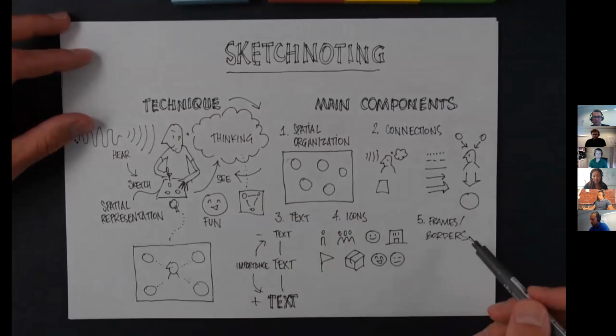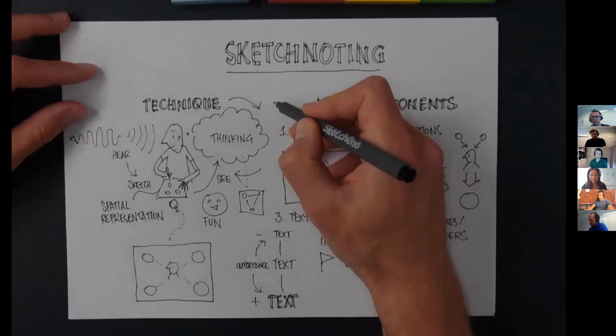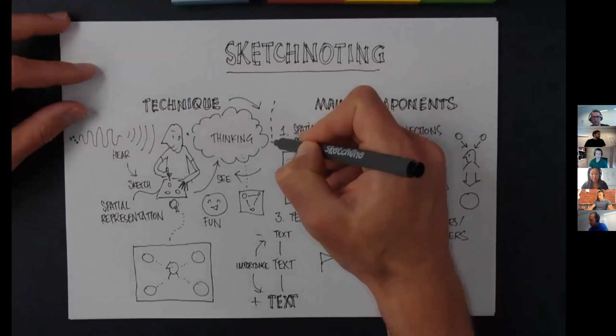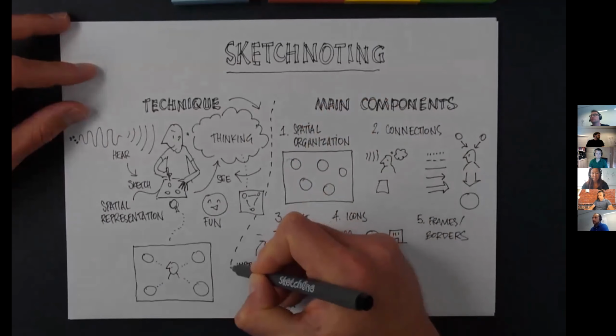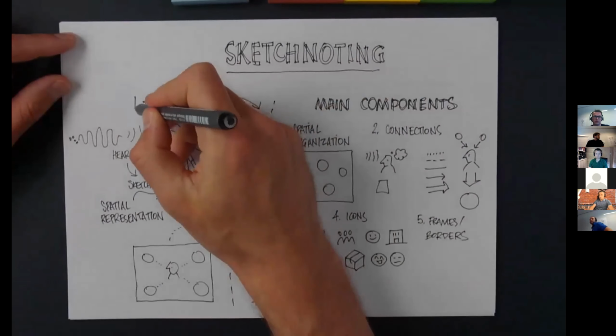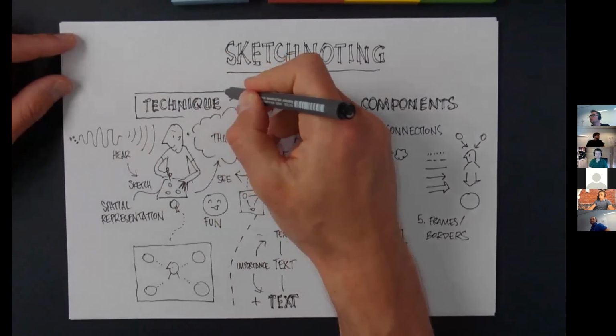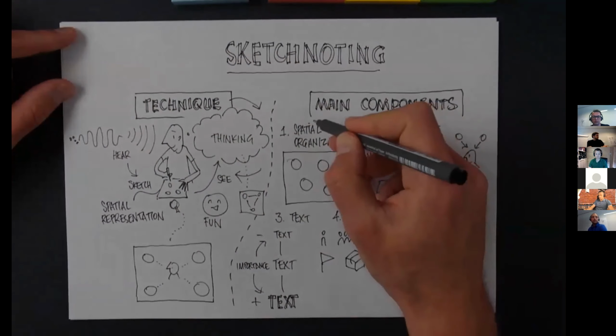And then you can use frames and borders in order to alleviate the problem and make it easier to navigate through this visual clutter. So for example, if I draw a simple border like this, it will suggest a certain division between the meanings that were placed on the two-dimensional space.